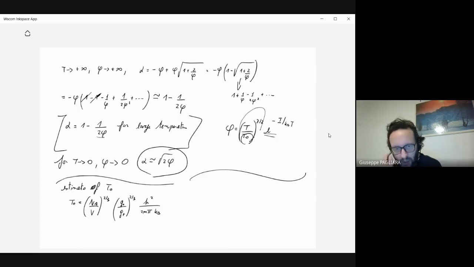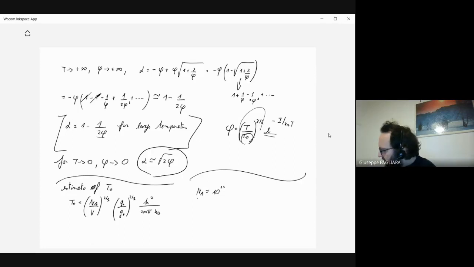Now, to do the calculation, let's make the following assumption on those numbers. So let's take Na of the order of the Avogadro number, for clear reasons, because those are the typical numbers in macroscopic systems.